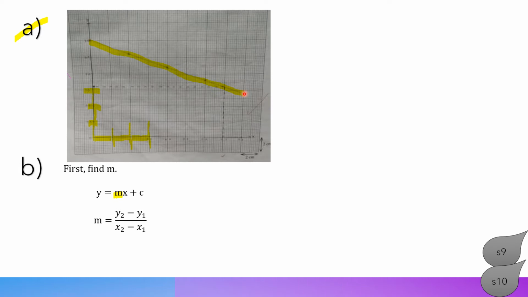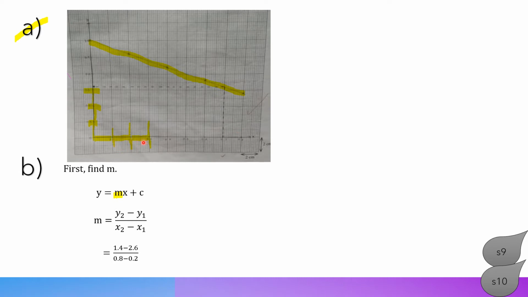So here I choose 0.8 and 1.4. Also I choose 0.2 and 2.6. You just find it from your own graph.